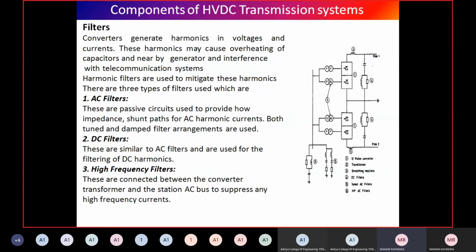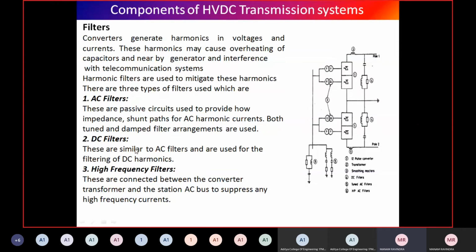Current always takes the low impedance path. In AC filters, they always provide the low impedance path depending upon the frequency conditions. Depending on the harmonic, third harmonic or seventh harmonic, different filters are designed such that the harmonics are removed by providing the low impedance path.